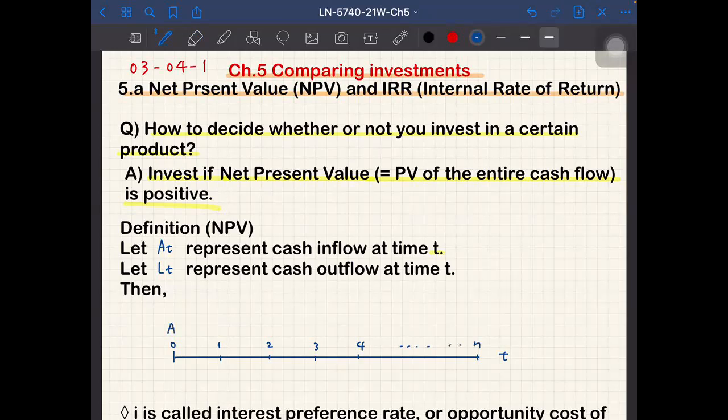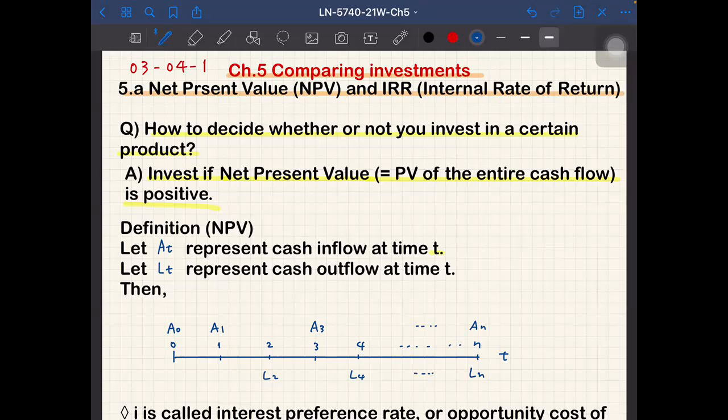And we have some cash inflows such as A0, A1, A3, and maybe cash outflows, maybe at time 2 and time 4. So we have some cash inflow and cash outflow.